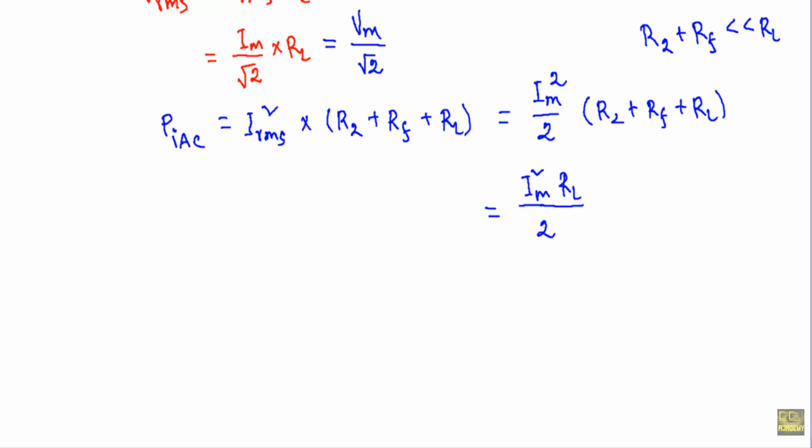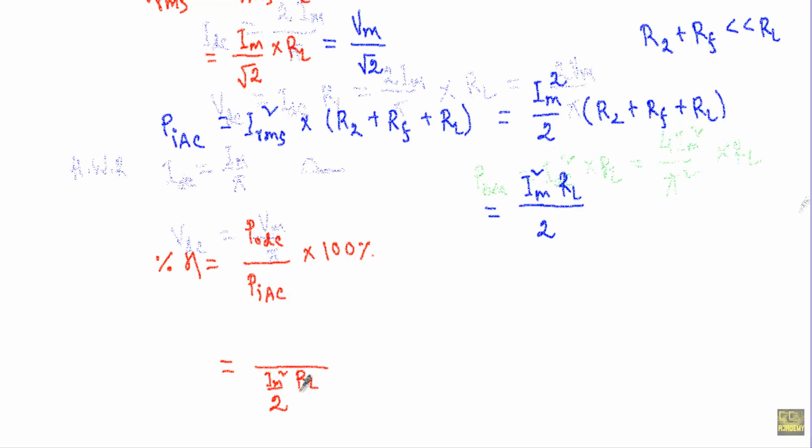Now we will calculate the percentage of efficiency. Percentage of efficiency eta is equal to DC power output PoDC divided by PiAC into 100 percent. See here, our PiAC is equal to Im square RL by 2.